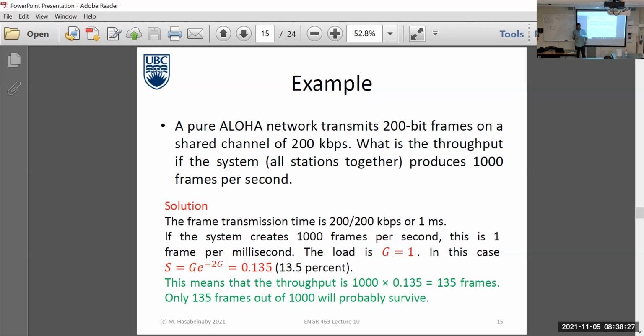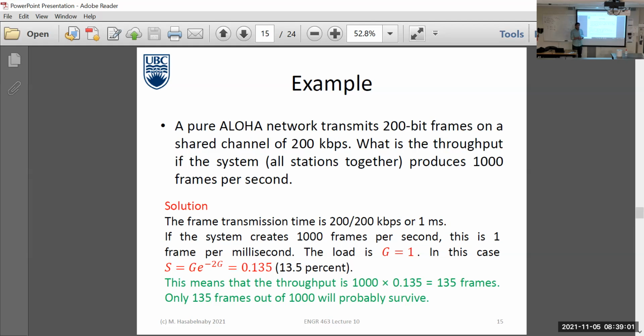Okay. Can you go over again just how you got G? Okay. So G is the arrival rate. We generate 1,000 frames per second, and our transmission time is 1 millisecond. So 1,000 frames per second means that we generate 1 frame every 1 millisecond.